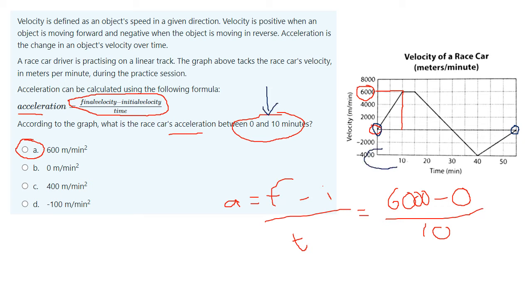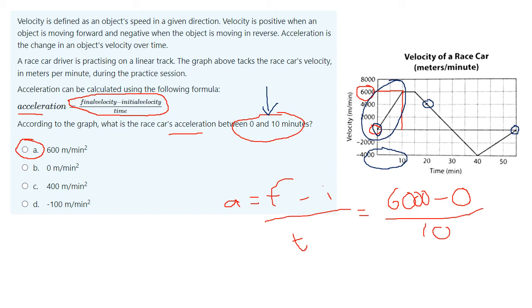So we're only looking at this section of the graph. If you got C for 100, then you might have been looking at the first 20 minutes. Because if you took this point here, which is 4,000, possibly you're looking at that.